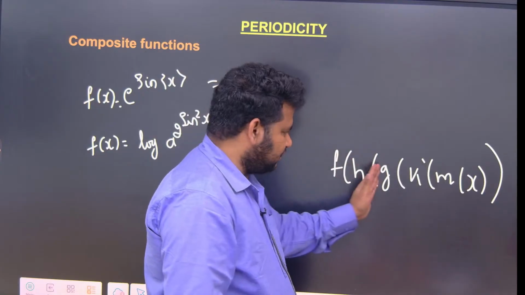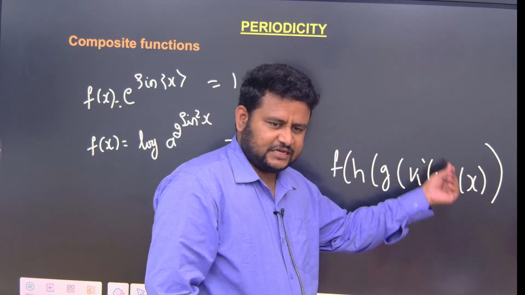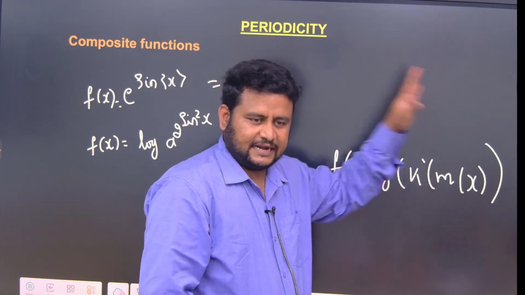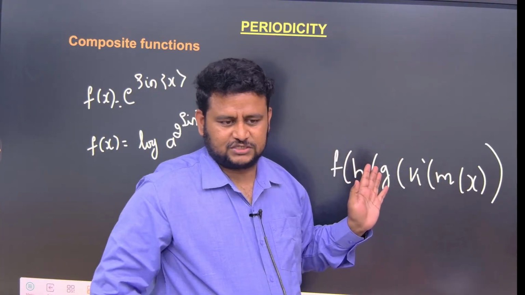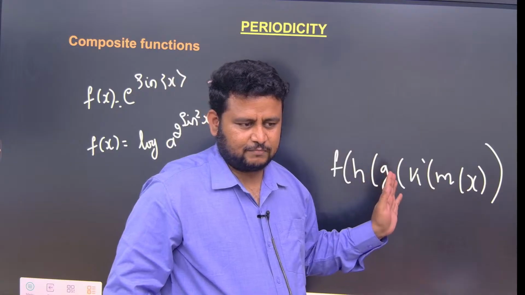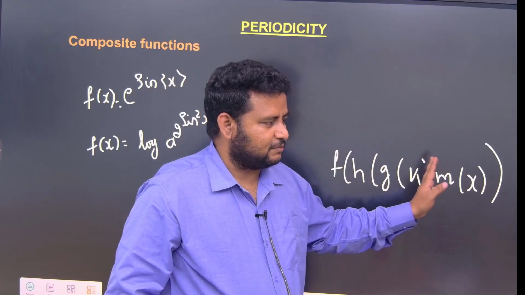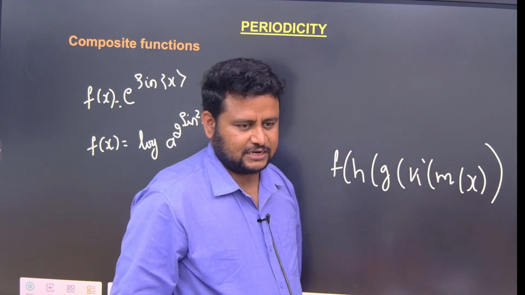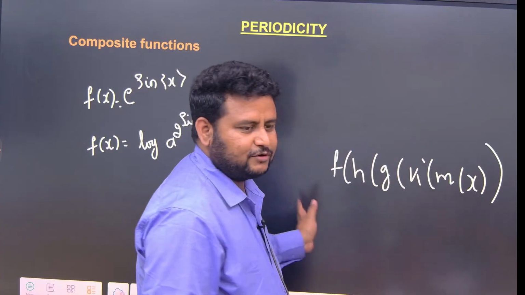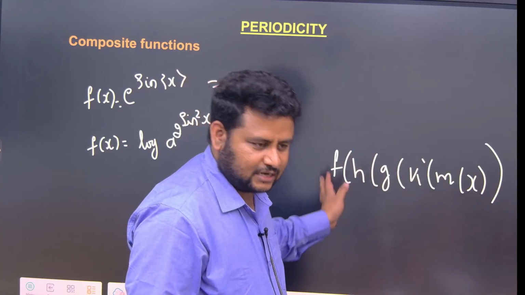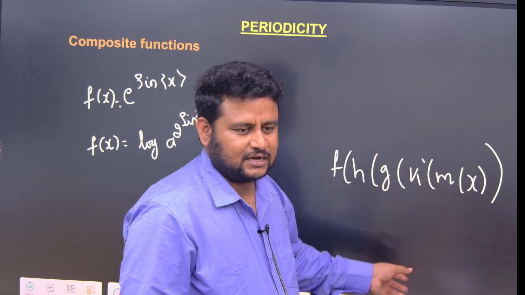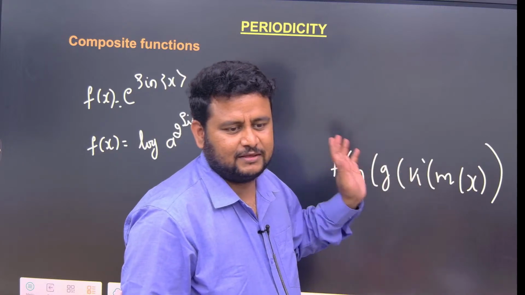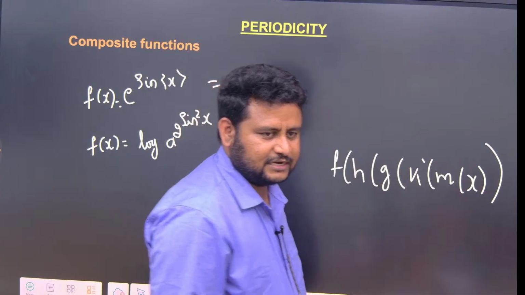Not for the outer ones, not for the inside. The inside function's period will be the period of the entire function. If they give a composite function, the inside function they give will be the period of the entire function. Clear? This is just like the chain rule in differentiation, the last function where you have to differentiate. The last function's period is what will be the period of the entire function. Okay, clear?